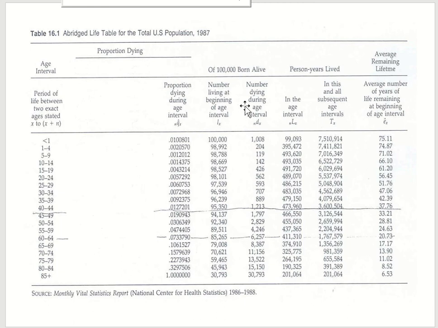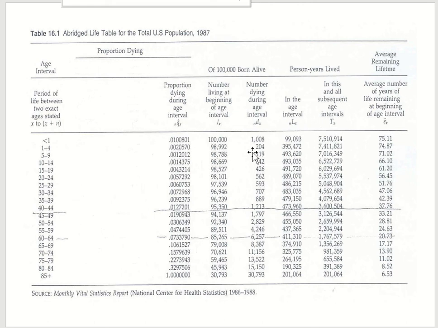Okay? So now you have three columns. The first column is the age-specific death rate per category, per age group. The second is how many were born. The third, how many are dying. So if 100,000 were born and 1,000 died, how many survived to the second interval? So 98,992 survived to the second interval.